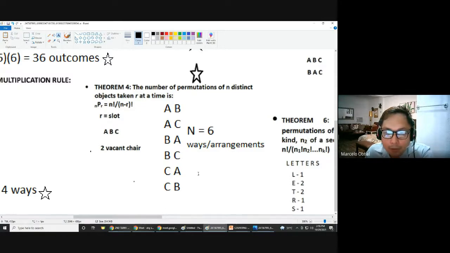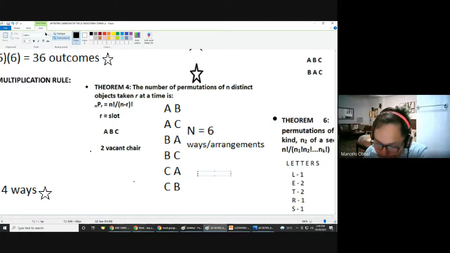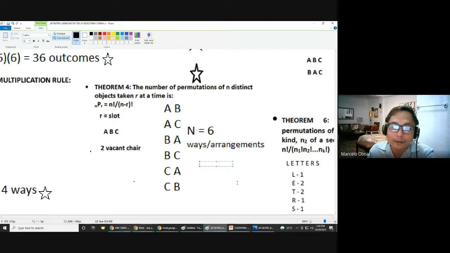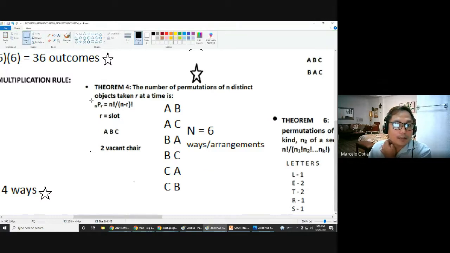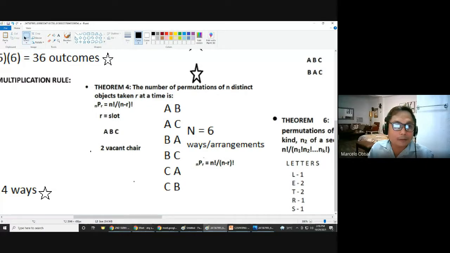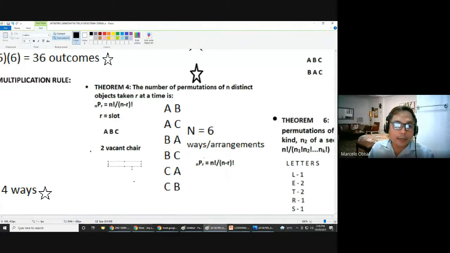Kindly bring out your calculator, Allen. Wala pa tayong nagamit ng calculator, no? So this is the formula in manual method. Allen, do you have your calculator? Yes po, sir. So ilan bang slot dito? That is R, paglalagyan, ilan? 2, sir.